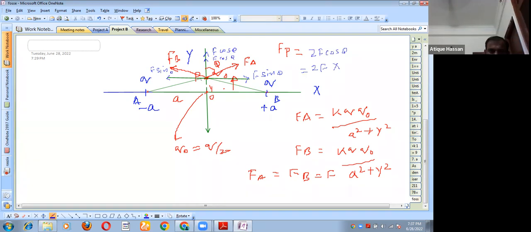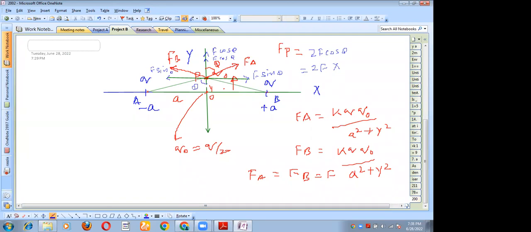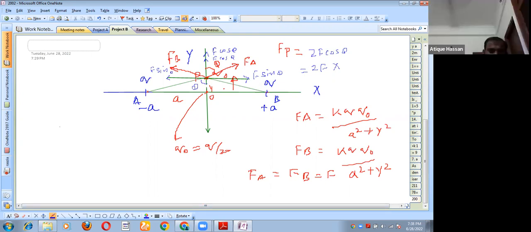So here, if that angle is theta, this angle will also be theta. So what will be cos theta? What is the value of cos theta, Deepak? Yashika, what is cos theta? No, in this triangle you have to see.